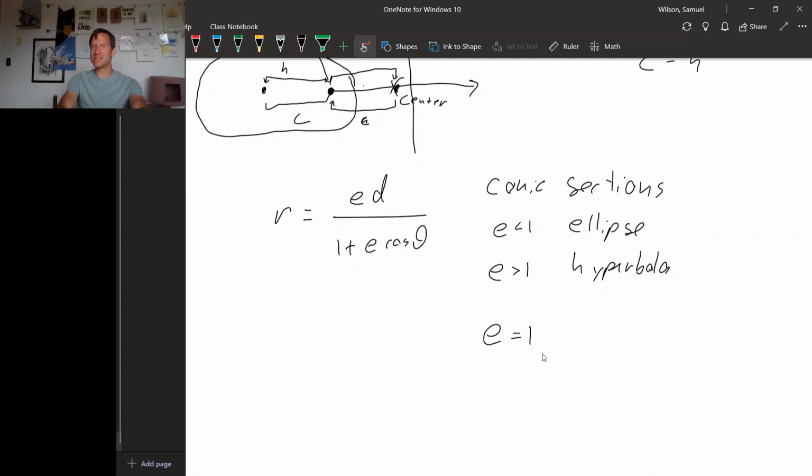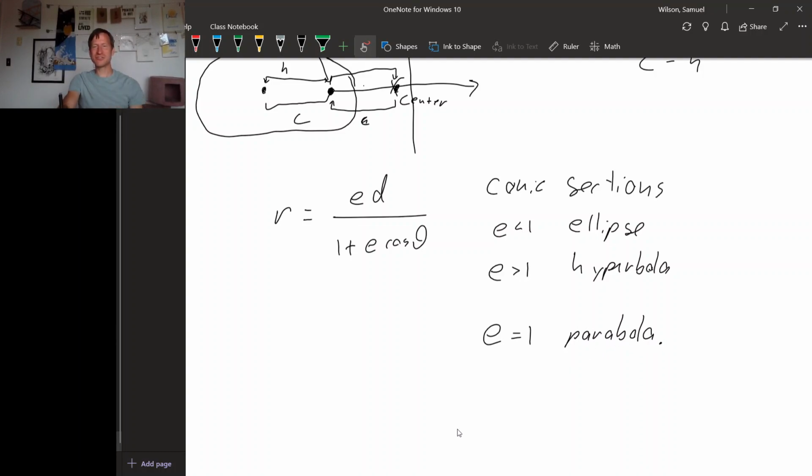Some of the algebra that we did actually assumed that e was not 1. But if you go back and see what changes when e is equal to 1, I'll give you a hint, the x squared terms cancel. And so you end up with a conic section where y has some squares, but x doesn't. And that gives you a parabola.